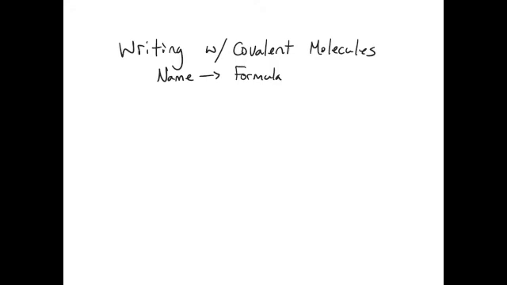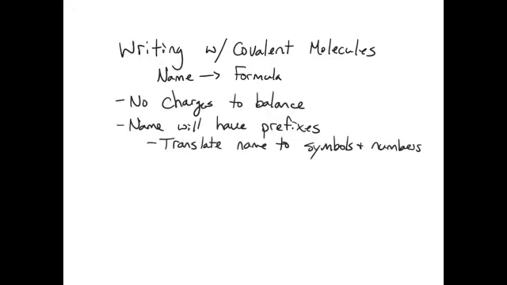But for covalent, you just take the name, which will have prefixes in it, and simply translate what you read to symbols and numbers. It's that simple. So for example, if you have something like dicarbon hexafluoride, it would look something like this.